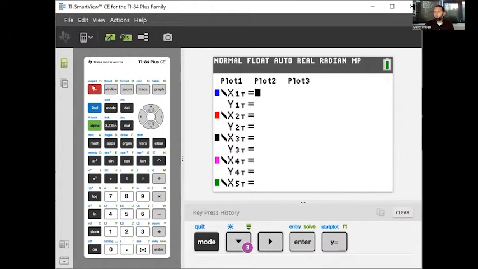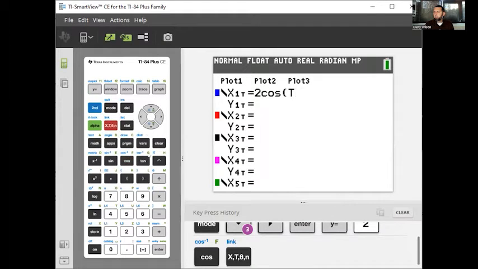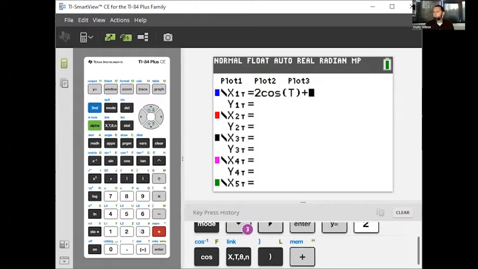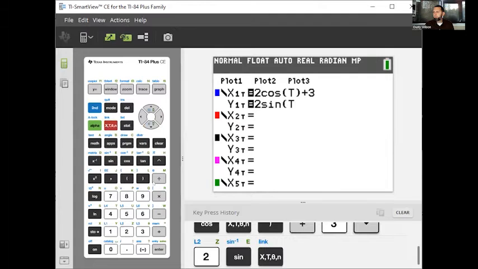So now I can go to my y equals, and my x is going to be 2 cosine of t. And you'll notice because I'm in the parametric mode, suddenly the variable is a t. And I want this plus 3. And now I can go and enter my y equation, which would be 2 sine t plus 1.